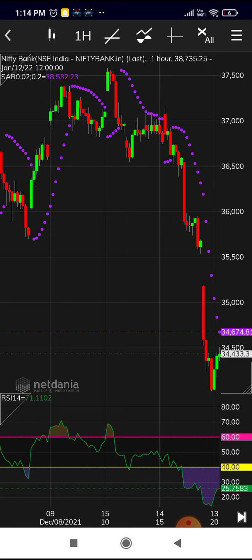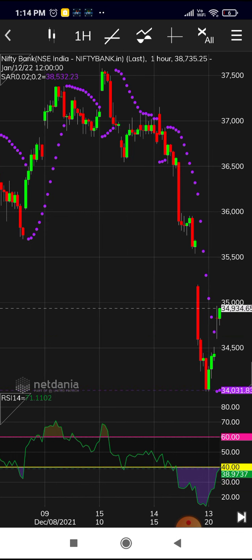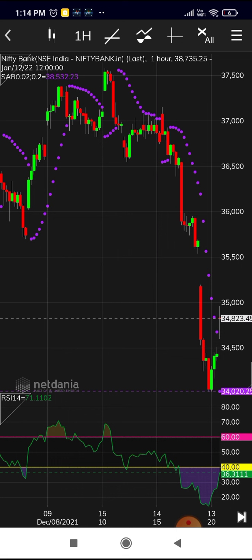In the next candle you will find that the stop loss will be hit. When the stop loss is hit, the candle will be above the dot of the parabolic star, and the stop loss comes at 34,823.